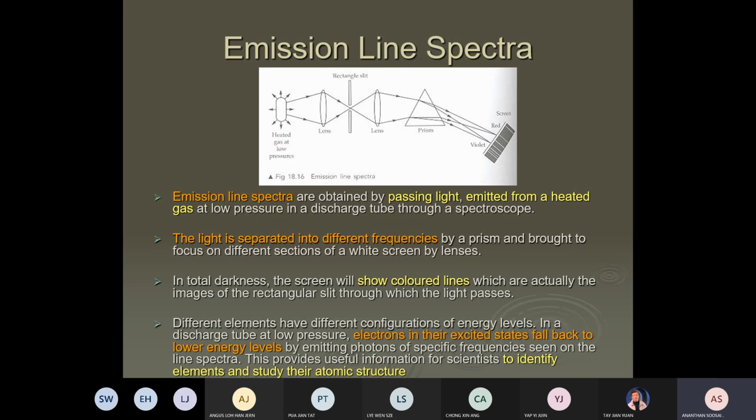So if 400 nanometer appears in the emission spectrum, and in the absorption the same wavelength is missing, identical, then it's correct, right? In the emission spectra, the light is separated into different frequencies and shows color lines, as electrons in the excited state fall back to a lower energy level.